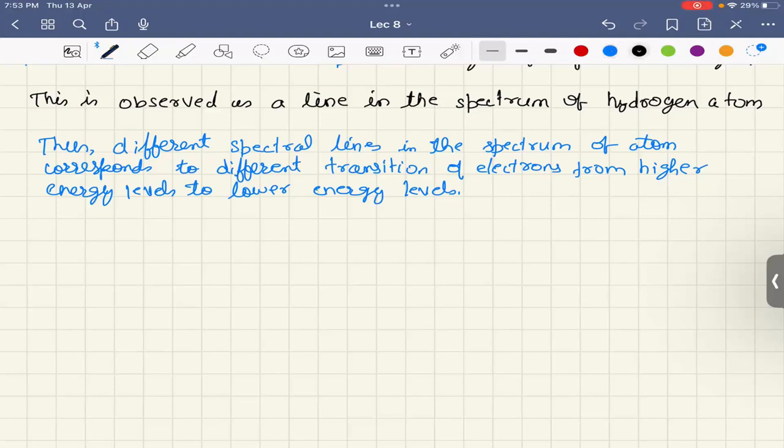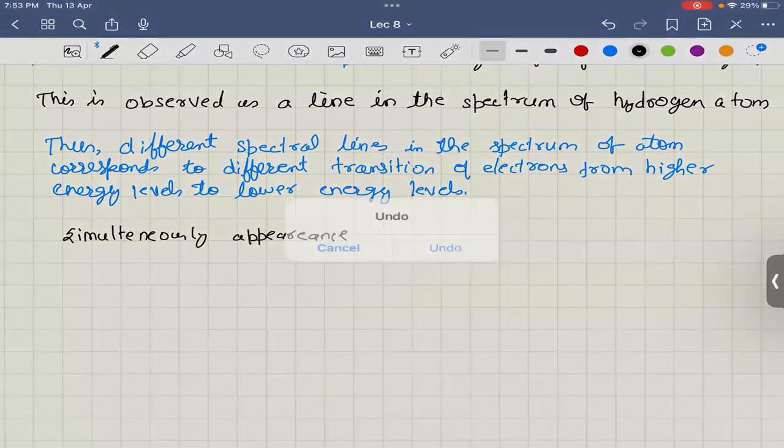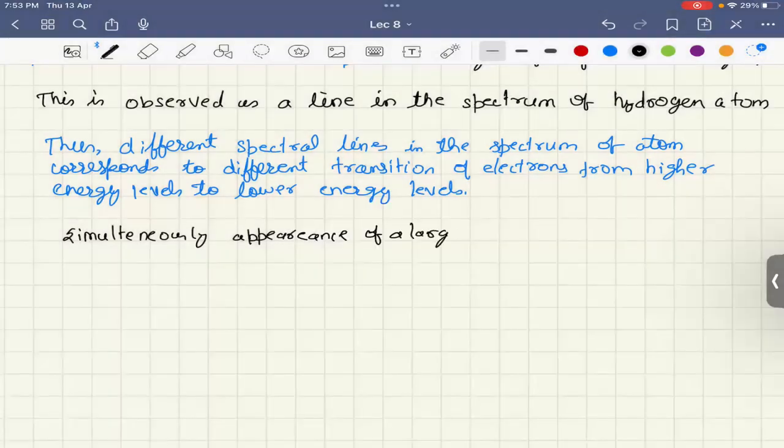In that case, there would be many spectral lines simultaneously. The simultaneous appearance of a large number of lines in the spectrum of hydrogen could be explained by this.